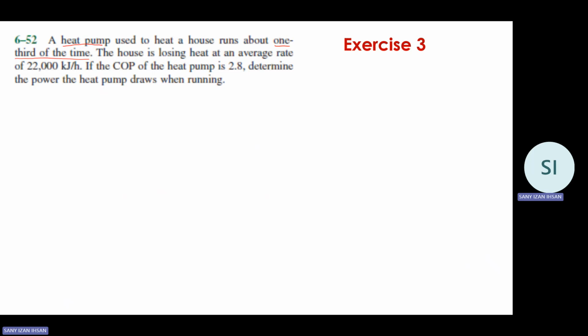So the rest of the time, the heat pump is turned off. Okay, the house is losing heat at the rate of 22,000 kilojoule per hour, and you are given the COP of the heat pump, 2.8, and we are to determine the power the heat pump draws when running. So when it runs, it needs to be able to cater to the heat loss at that particular rate, 22,000 kilojoule per hour.